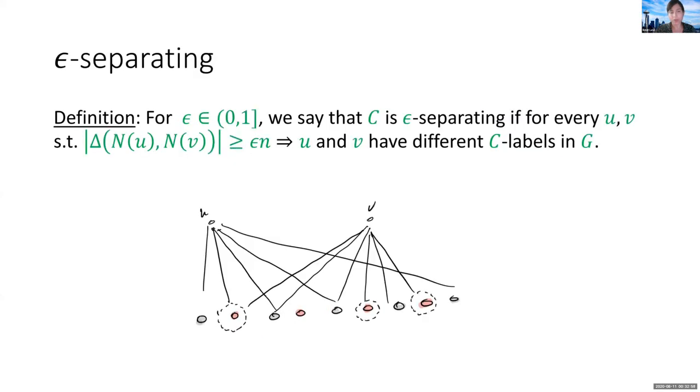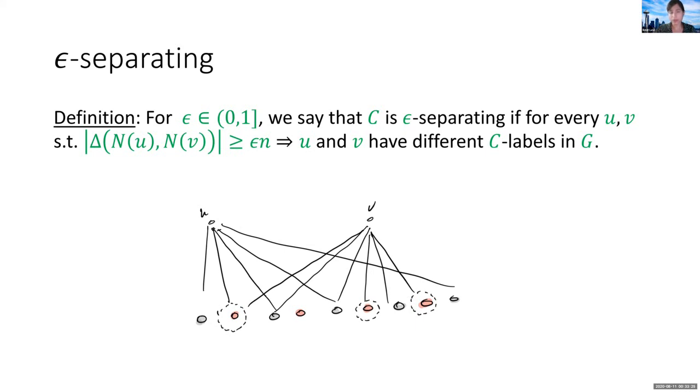Given a proximity parameter epsilon, we say that a sequence is epsilon separating if for every pair of vertices U and V such that the size of the symmetric difference between their neighborhoods is at least epsilon n, then U and V have different C labels.